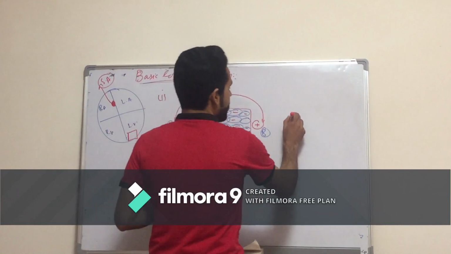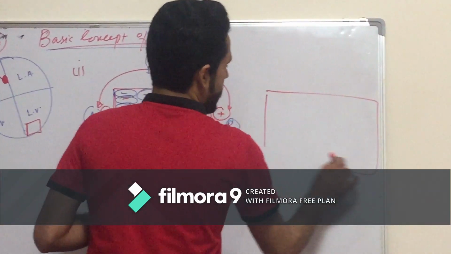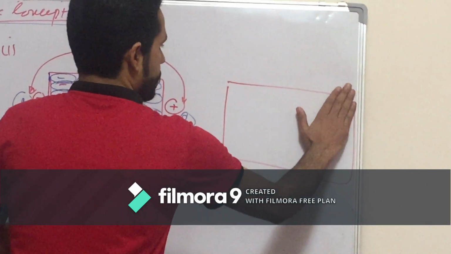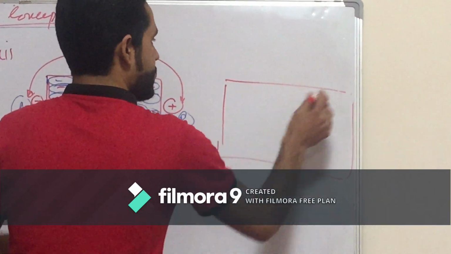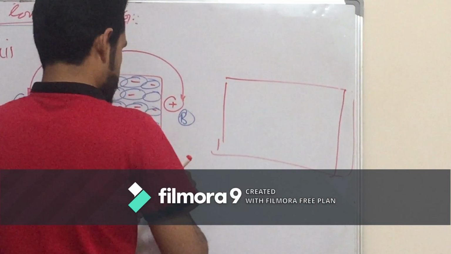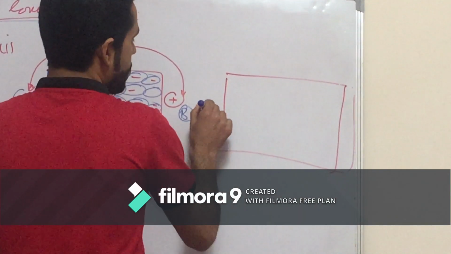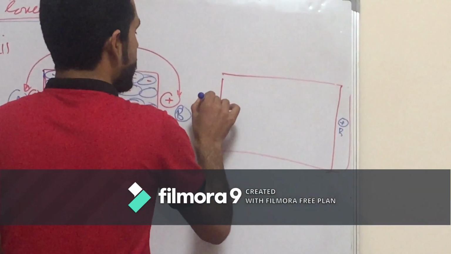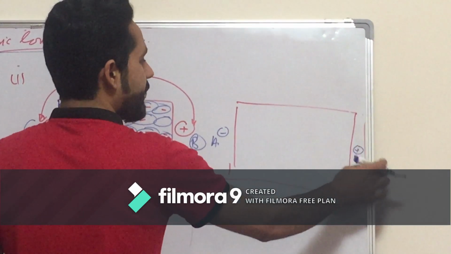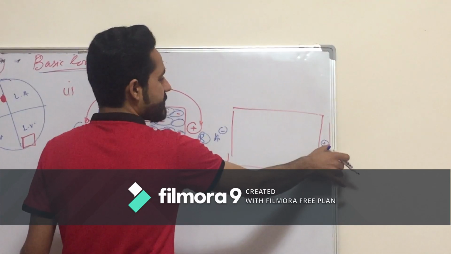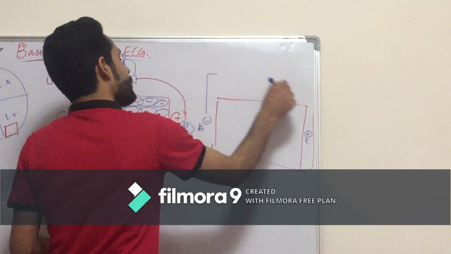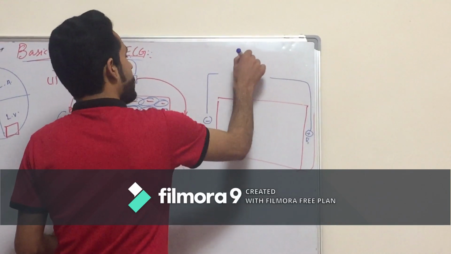Let's draw the second observation. Again, this is the A end, this is the B end, this is the positive terminal and this is the negative. The positive electrode will attach to this side and the negative electrode to this side, and both electrodes are attached with the galvanometer.